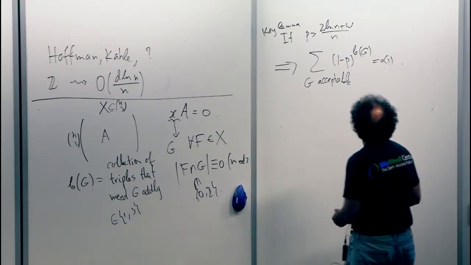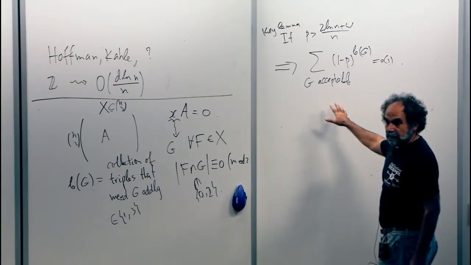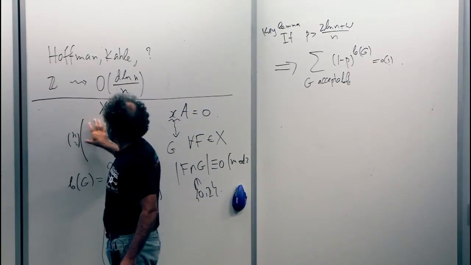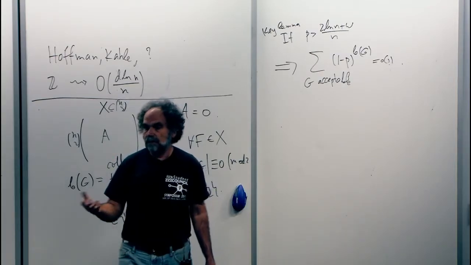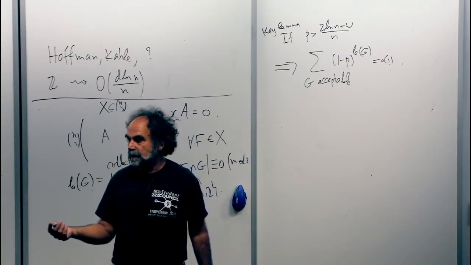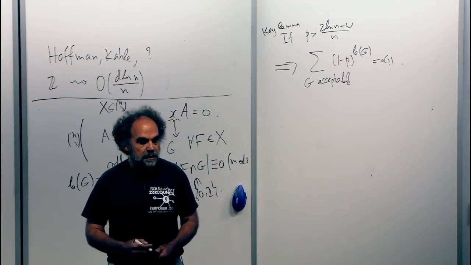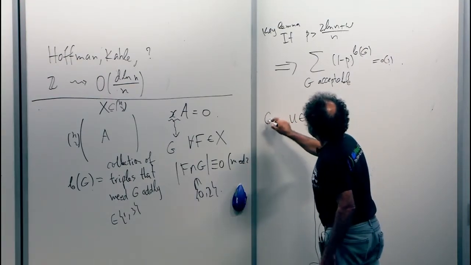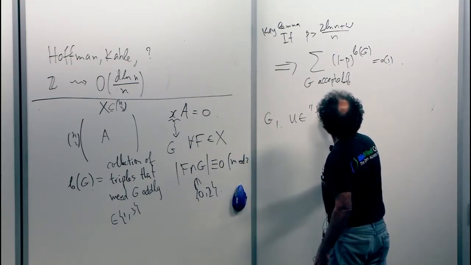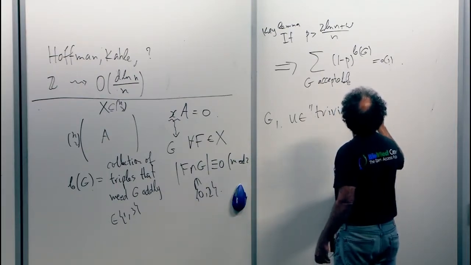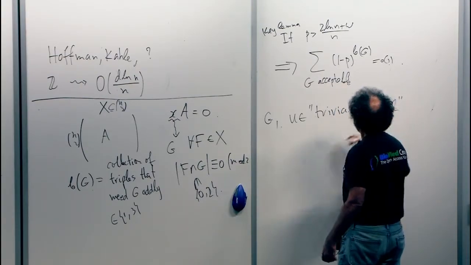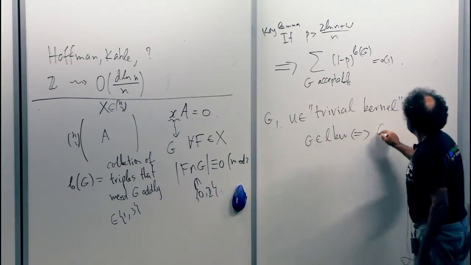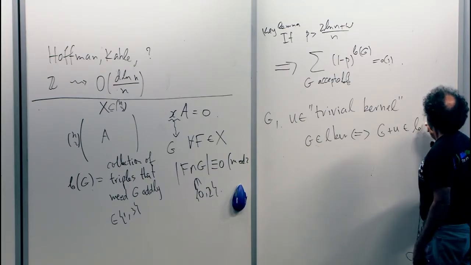Okay? So, but what is acceptable? You see, we understand there is a subspace of the left kernel which we really want to mod out by, which we really don't care about. Which means if you give me G and you give me a U in the trivial kernel, then whether G is in the left kernel is equivalent to G plus U in the left kernel.